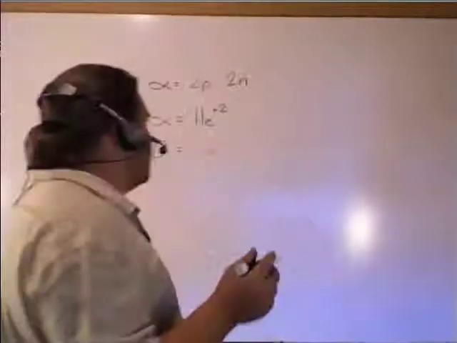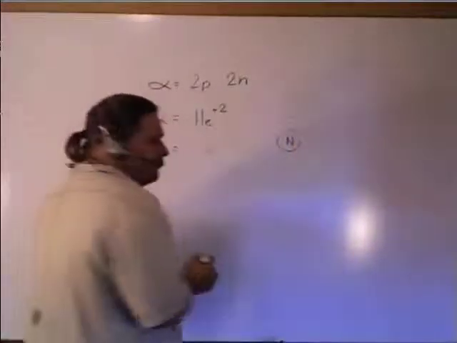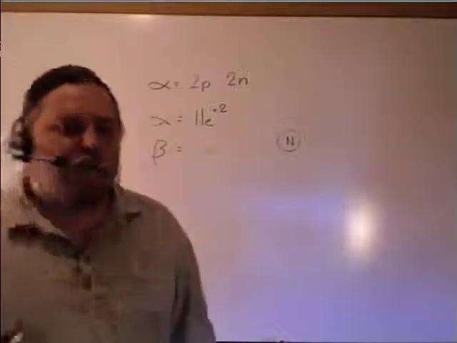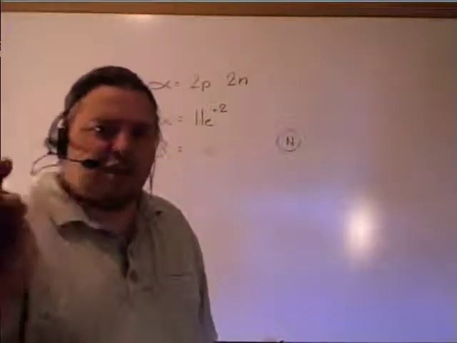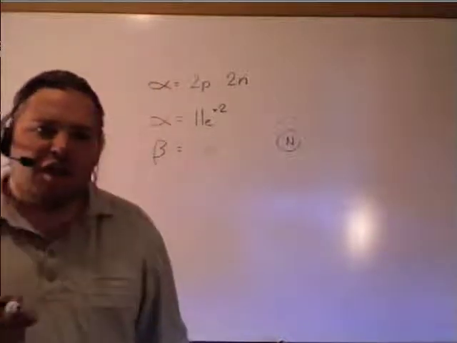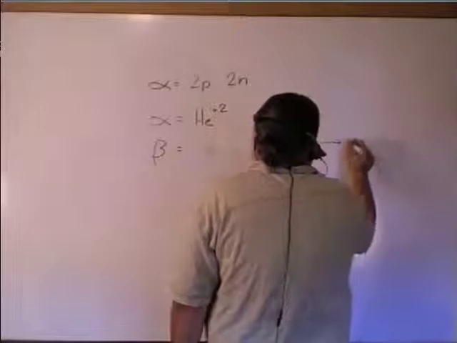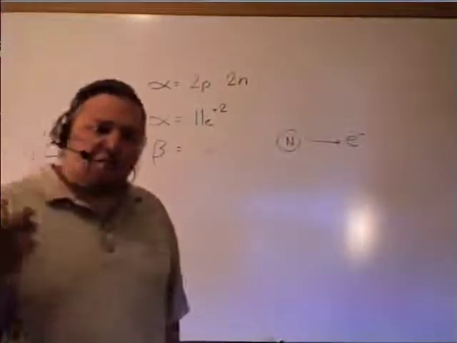So what you do is you take this neutron and you eject a particle from the neutron itself. It gives out a particle, and when it gives out that particle, it changes the property of that neutron. So when it ejects a particle, it's ejecting this electron. It gets rid of a negative charge.